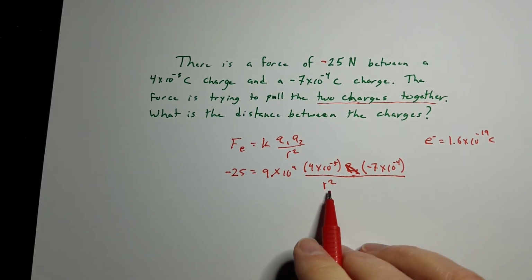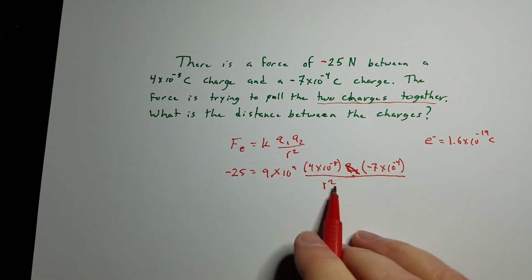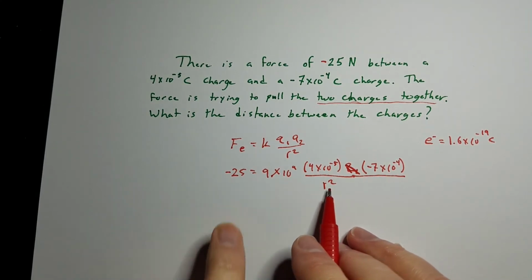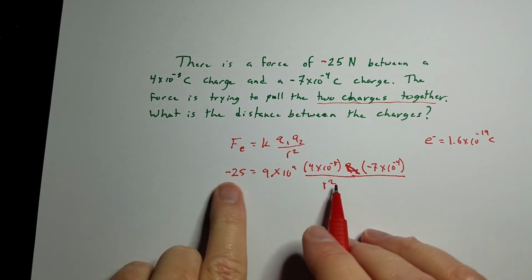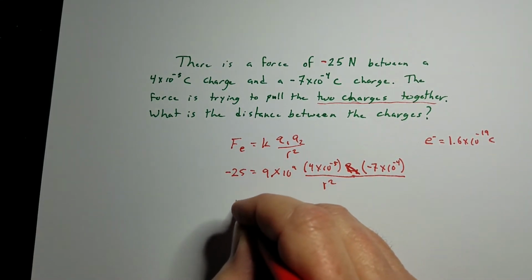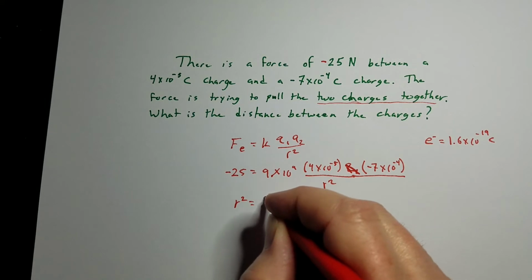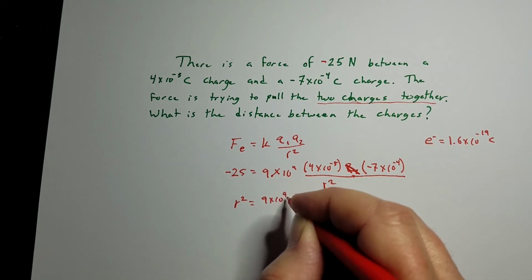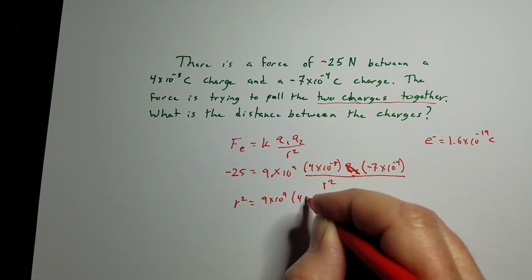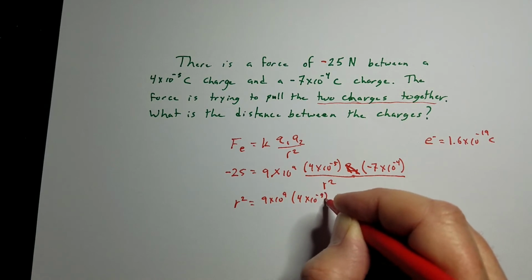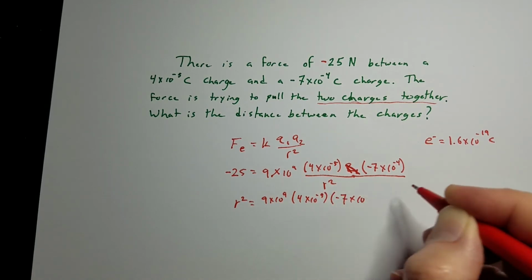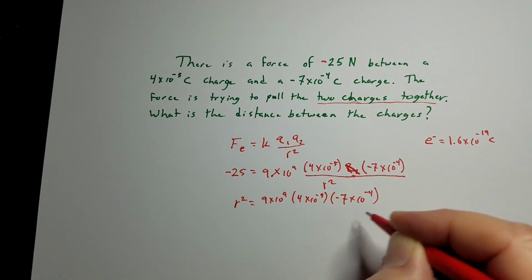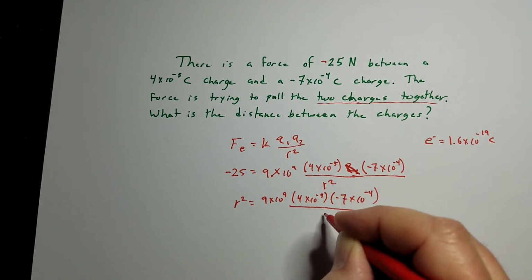Well, here's the thing. We're solving for this bottom. So I'm going to use this trick I call the supersecret matrix, so that if you're trying to find this denominator, you can actually just swap these two things out. So R squared equals 9 times 10 to the ninth times 4 times 10 to the minus 5 times minus 7 times 10 to the minus 4 all over 25.